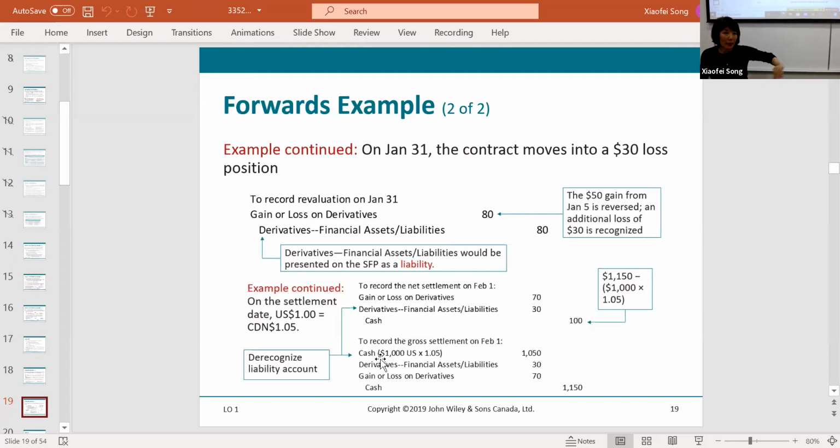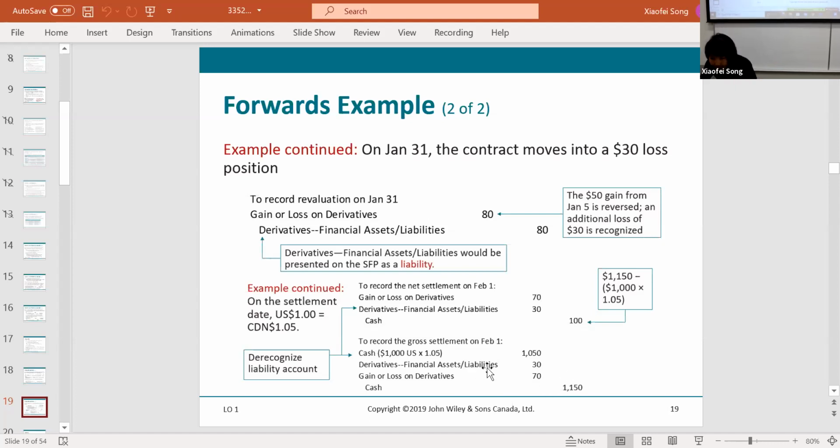On the balance sheet, it should show the value in Canadian, right? So it will have cash, and this cash of 1,000 US dollars would show up as $1,050 on the balance sheet, its equivalent value in Canadian dollars. And based on the forward contract, A needs to pay 1,150. So that's the credit cash 1,150 part.